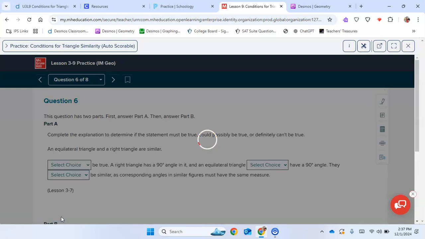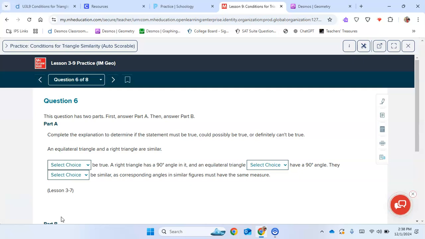Question 6. This question has 2 parts. First answer part A, then answer part B. Complete the explanation to determine if the statement must be true, could possibly be true, or definitely can't be true. An equilateral triangle and a right triangle are similar. So they can never be true because they have to have the same angle measurements. An equilateral triangle has all 3 angles at 60 degrees, and in a right triangle, one of the angles is 90.